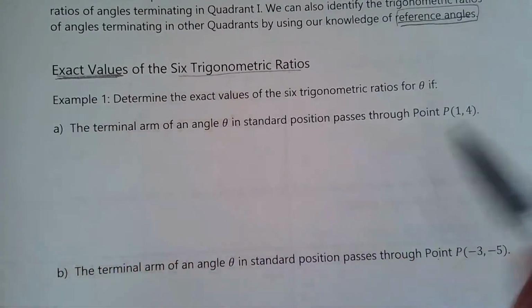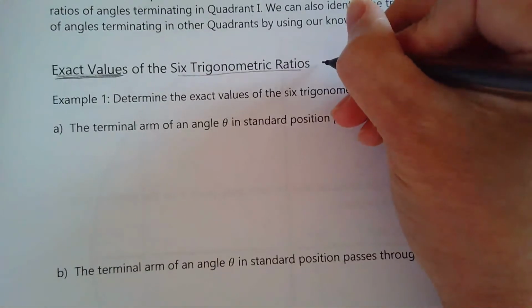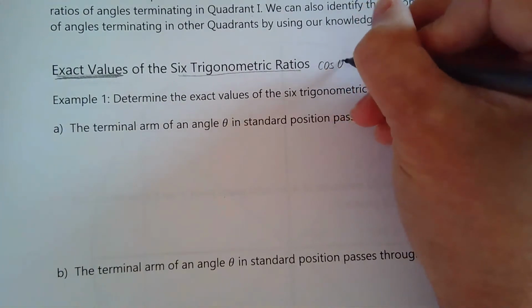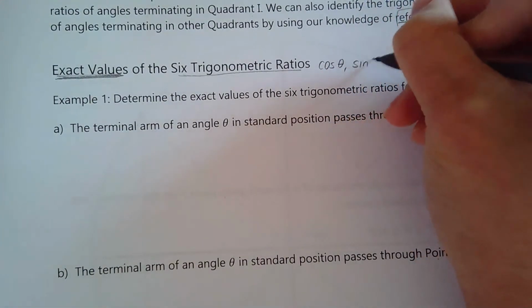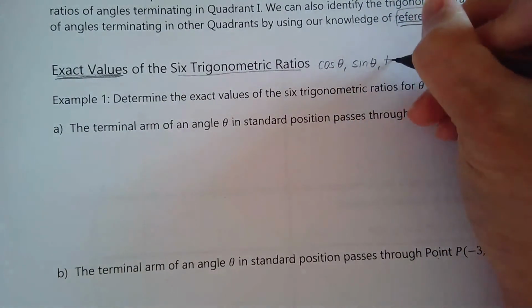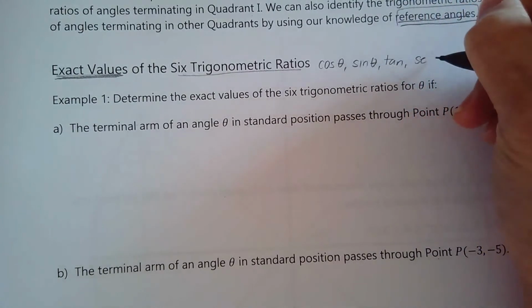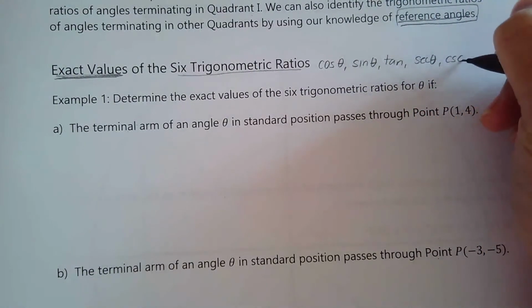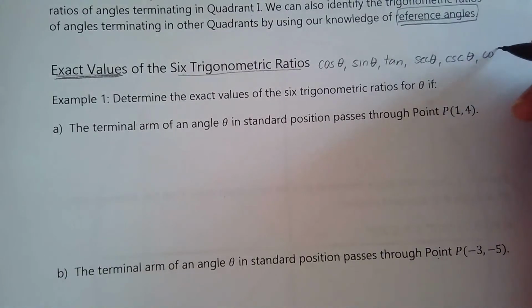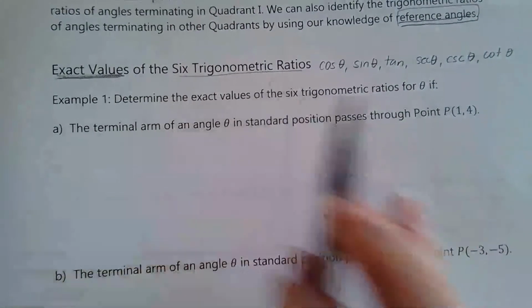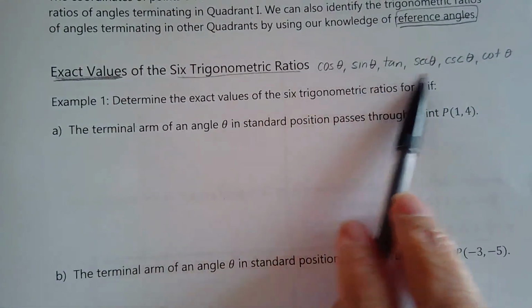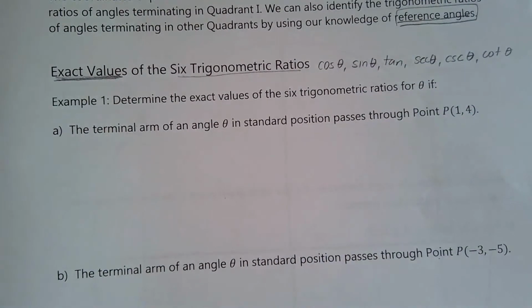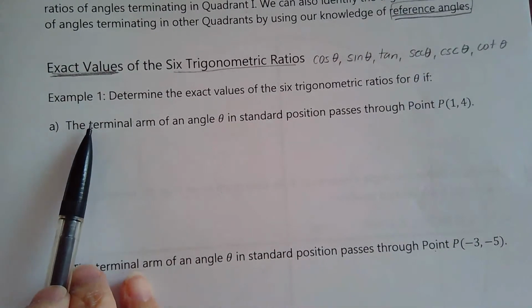And when they talk about 6 trig ratios, it's going to be cosine, sine, tan, secant, cosecant, and cotangent theta. So when they said 6 trig ratios, we're talking about all 6 of these. So let's take a look.